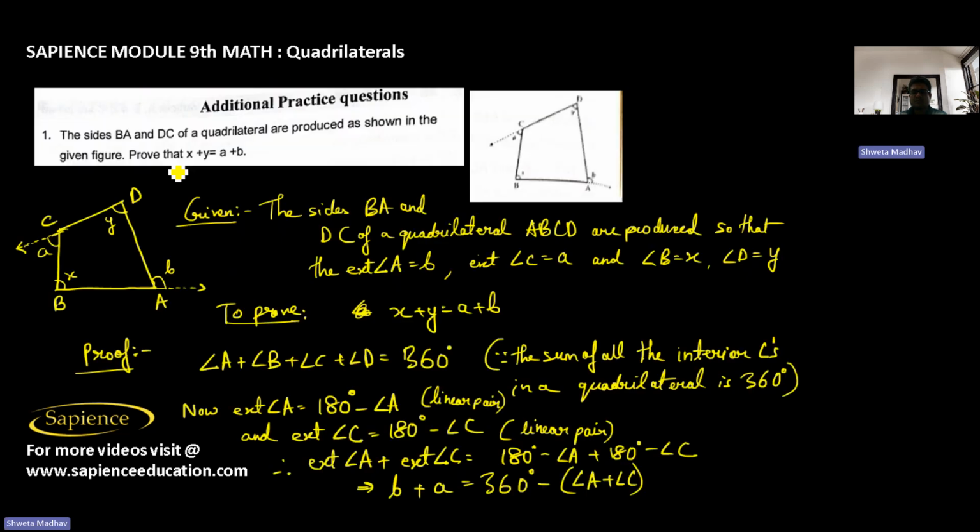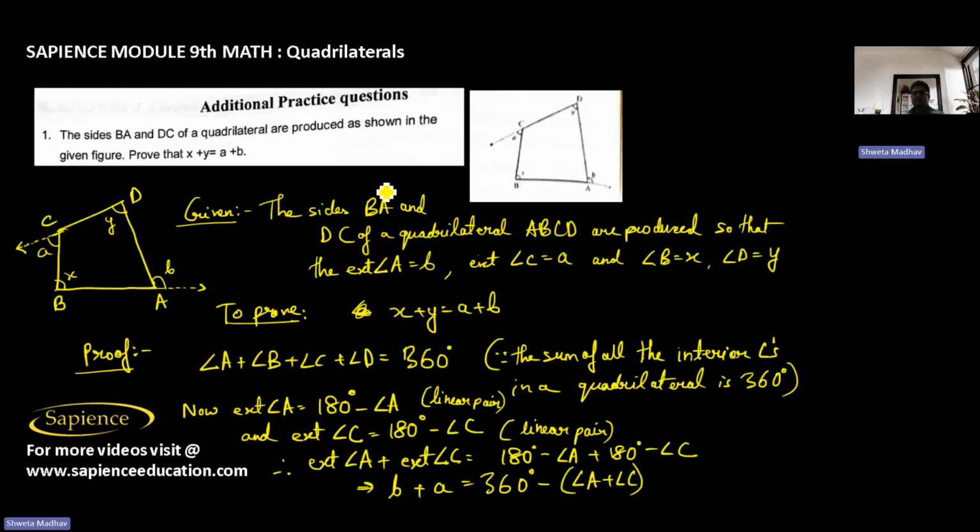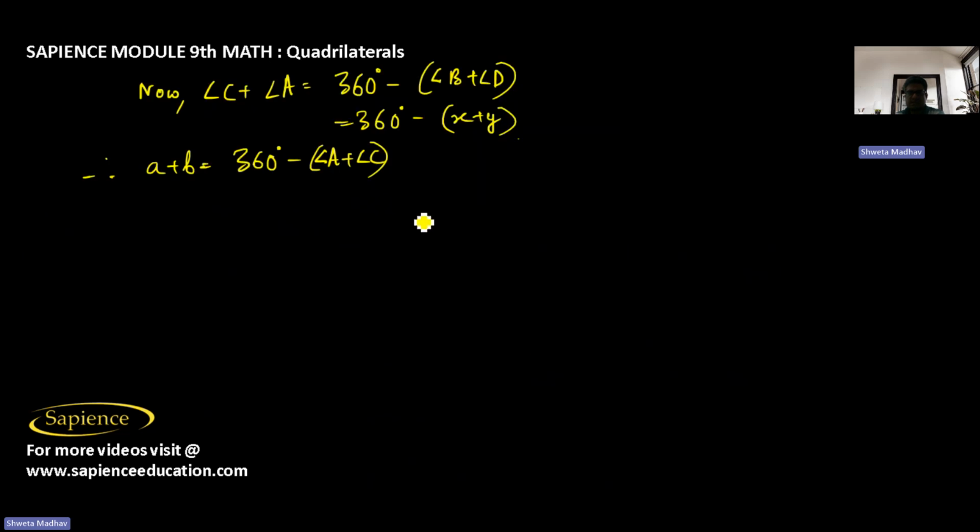So A plus B is 360 degrees minus angle A plus angle C, which equals 360 minus 360 minus x plus 1, that is 360 minus 360 plus x plus 1.